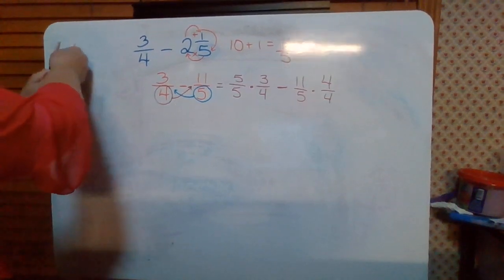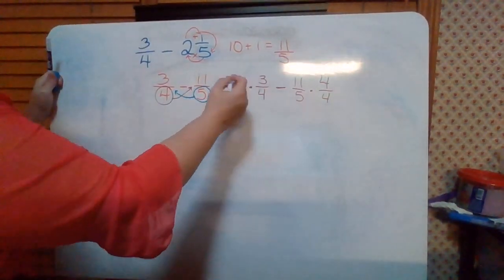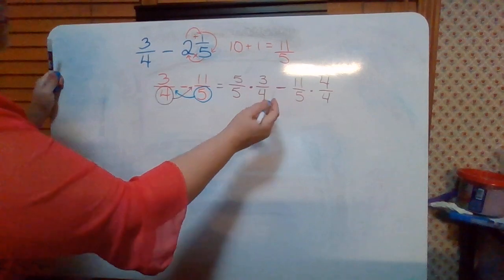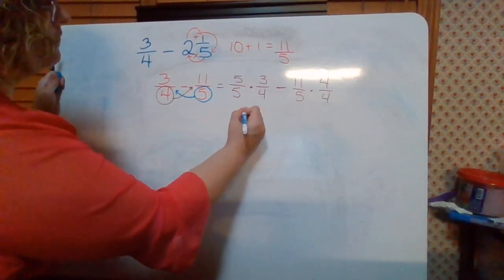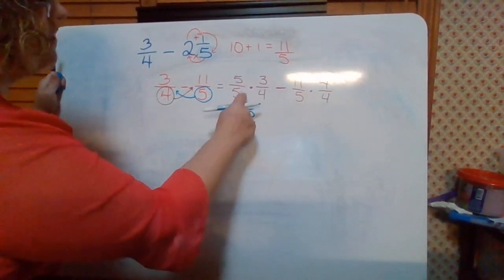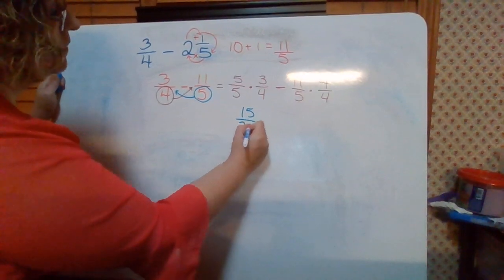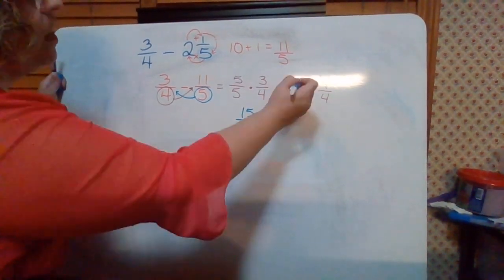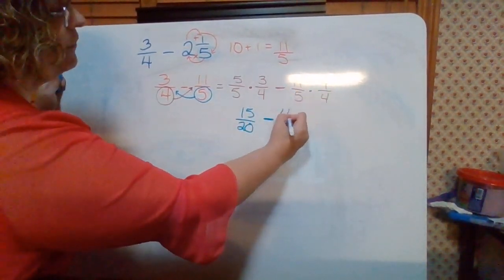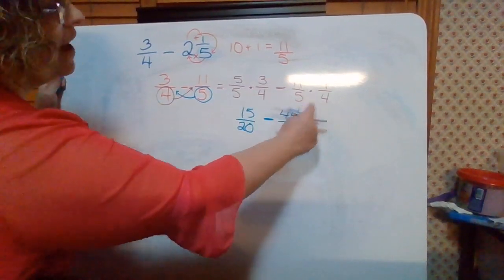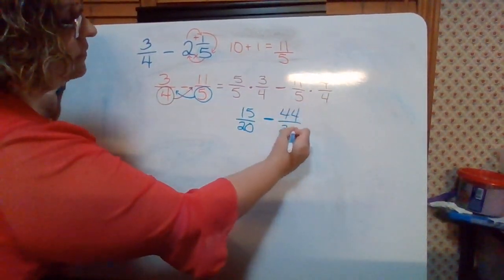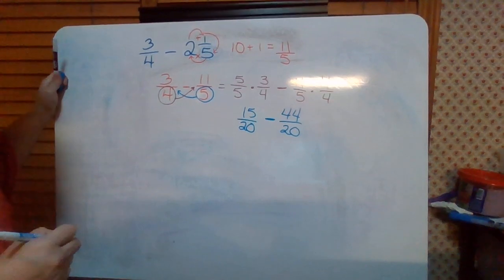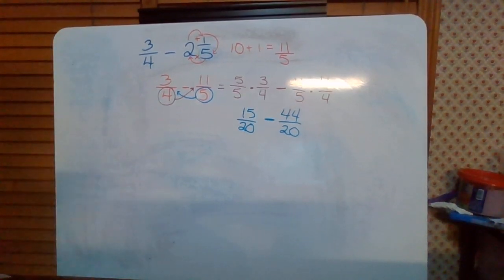Now our next step is we multiply numerators, we multiply denominators. So 5 times 3 is 15, 5 times 4 is 20, minus 11 times 4 is 44, 5 times 4 is 20. Now we have a common denominator, so we simply combine our numerators.